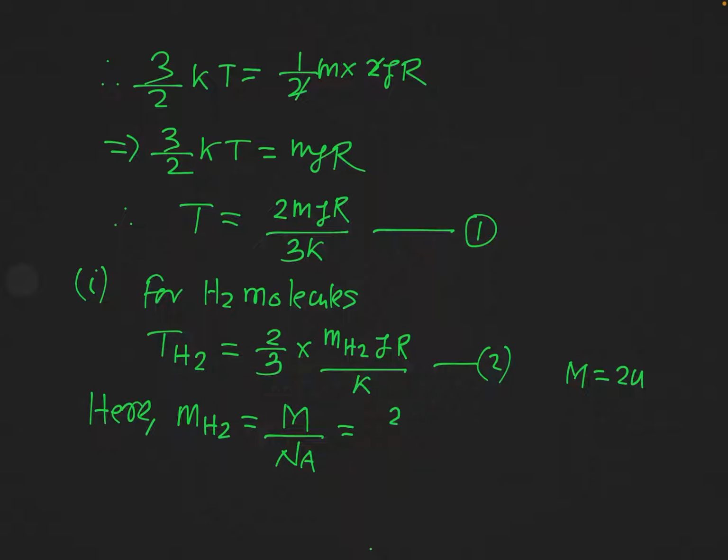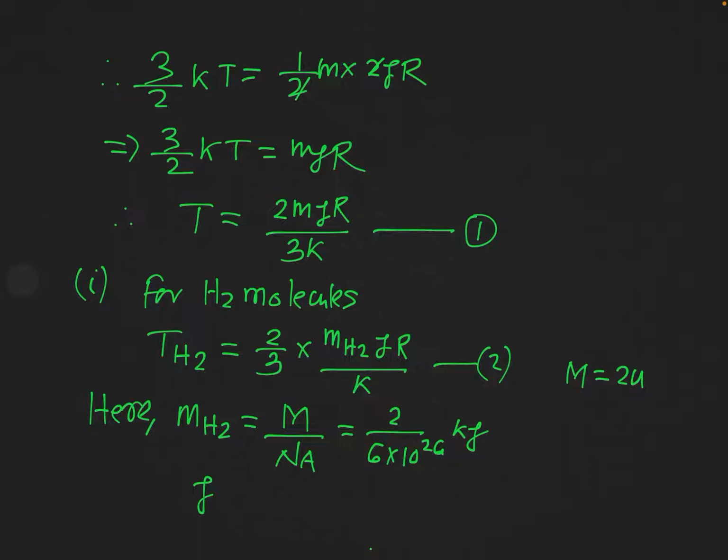So this will be 2 divided by Avogadro's number. For simplicity of calculation, I am taking Avogadro's number as 6 into 10 to the power 26, not 6.023, and this much kg.